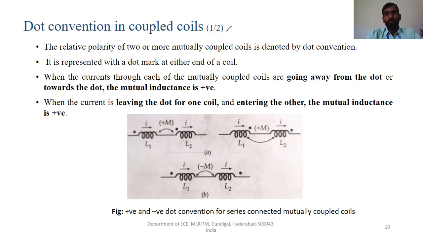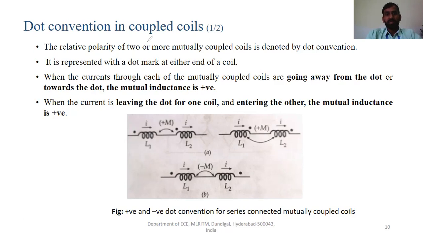That means it can be positive or negative. We don't know whether it is positive or negative; till now we have not discussed it. So to define whether that mutual inductance is positive or negative, we are going to use the dot convention.